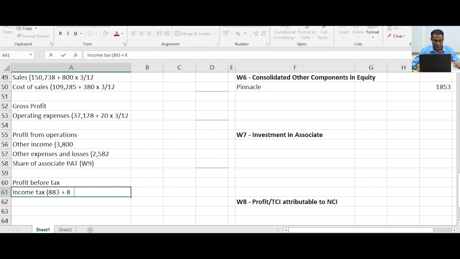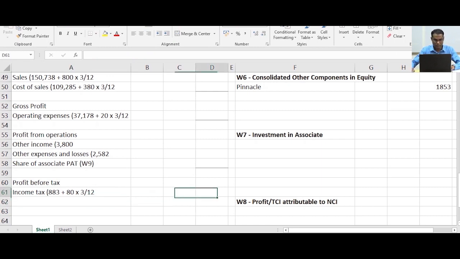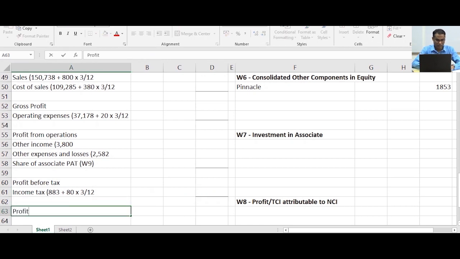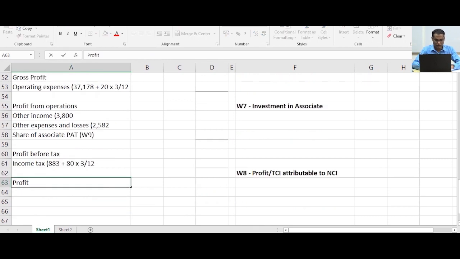That also you need to time apportion, 80 into 3 upon 12, last 3 months only. Then profit for the year. Then that is the profit or loss statement.